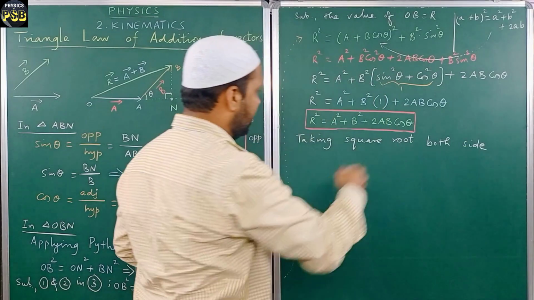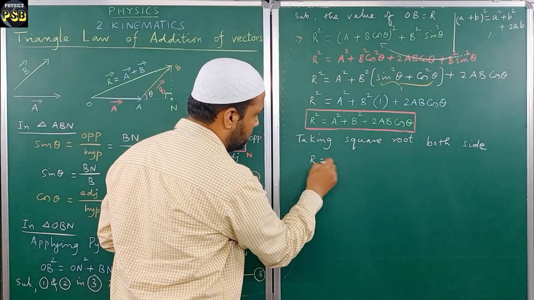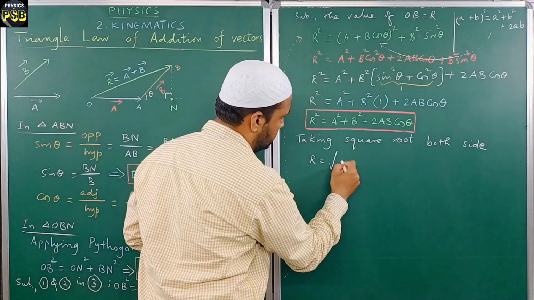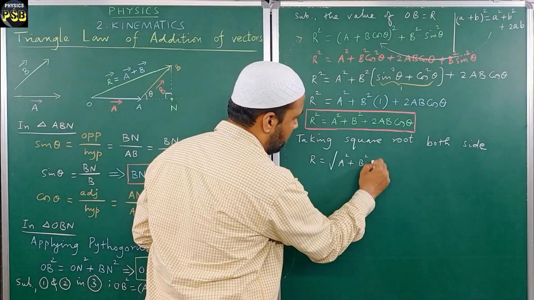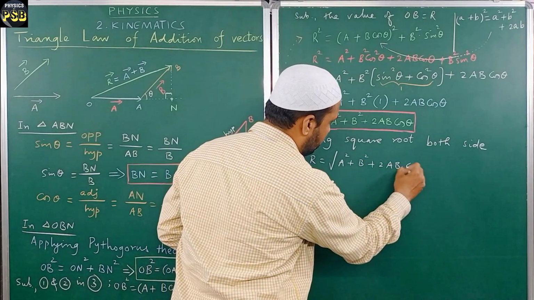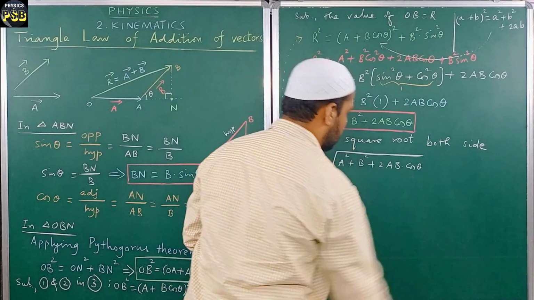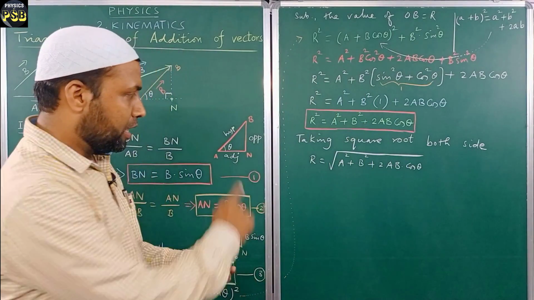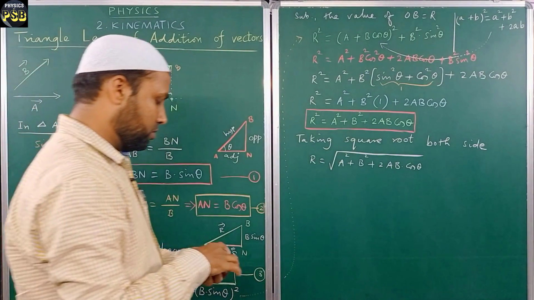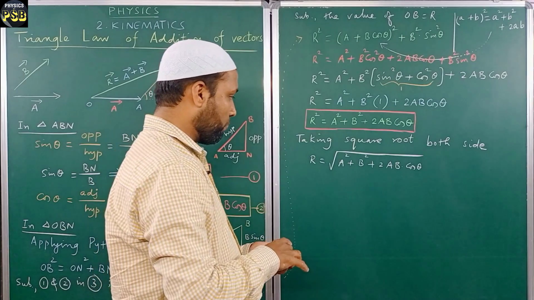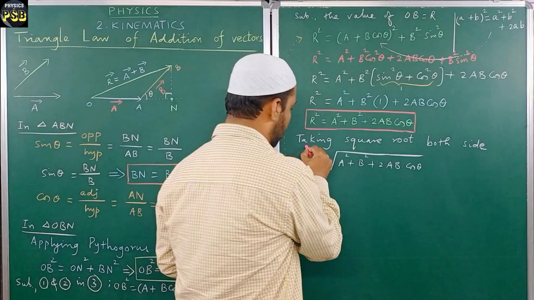The square root of R square becomes R, and on the other side the root of A square plus B square plus 2AB cos theta. This is the final expression, and it gives us the magnitude of the resultant vector. I box this final expression.